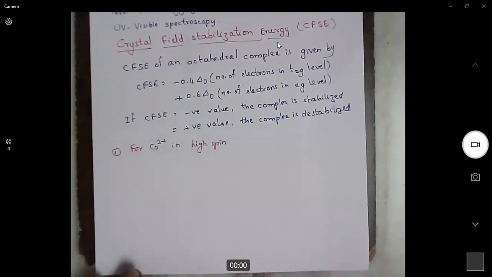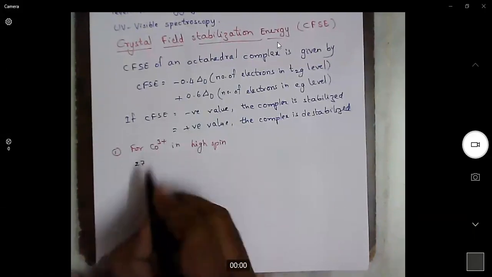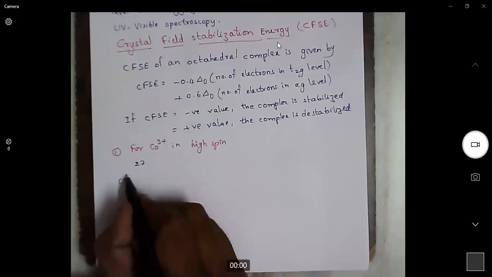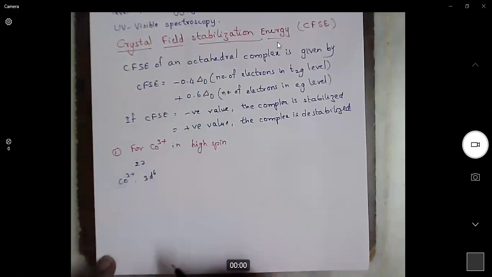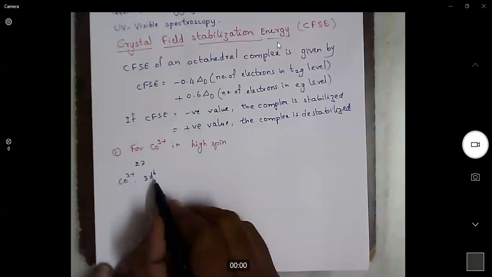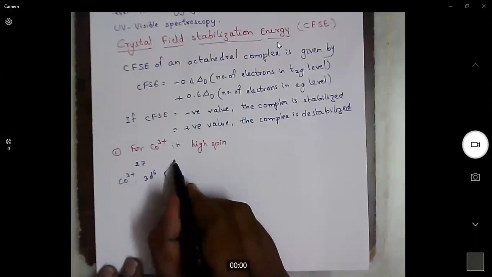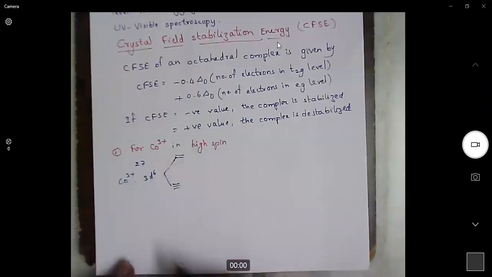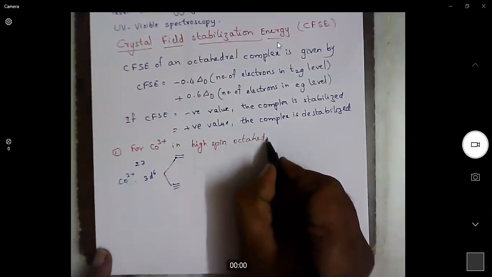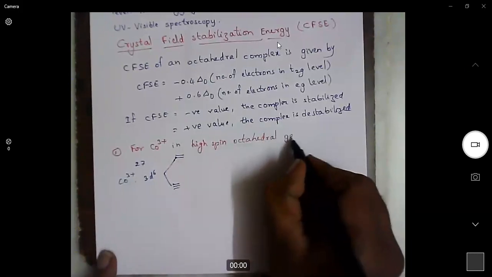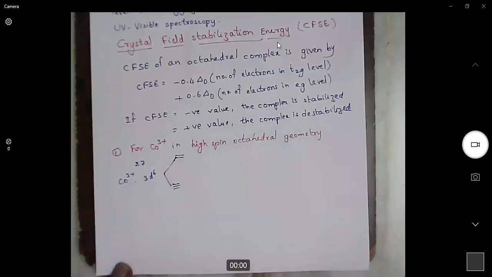For example, cobalt, whose atomic number is 27, and its electronic configuration in 3 plus is 3d6. It means it is having 6 electrons in the d block element. Now in octahedral geometry, high spin, because we are discussing this for crystal field splitting in octahedral geometry.